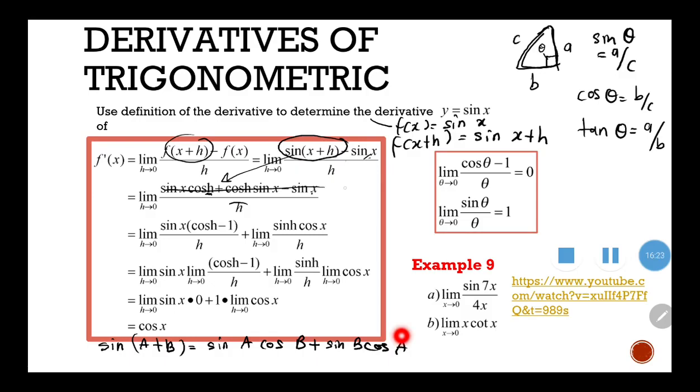So it should be sin x cos h plus sin h cos x minus sin x over h.